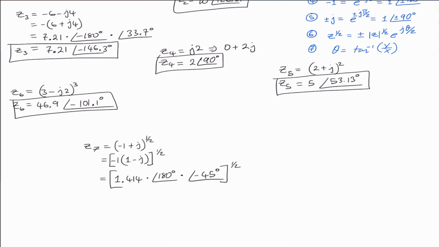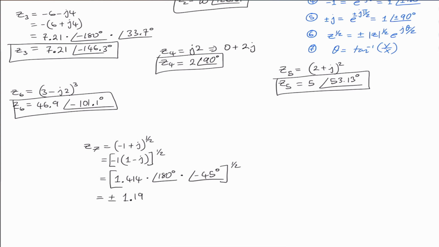We then simplify this. If we use the property here, we take 1.414 to the 1/2, and let's include our plus or minus from the property, and that is 1.19.